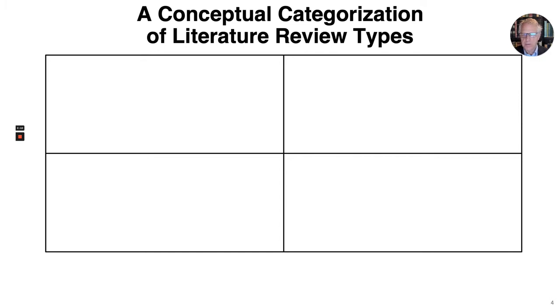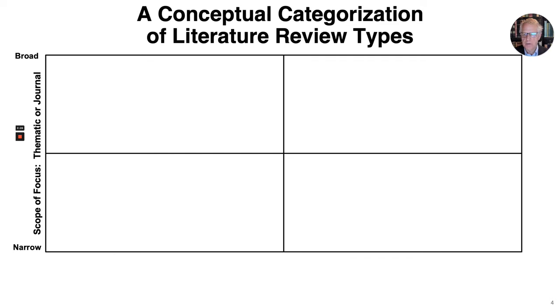As is typical for this type of analysis of an XY axis, I've used a vertical axis, which we call the scope of focus, being either thematic or journal in nature, and it can range from narrow to broad.